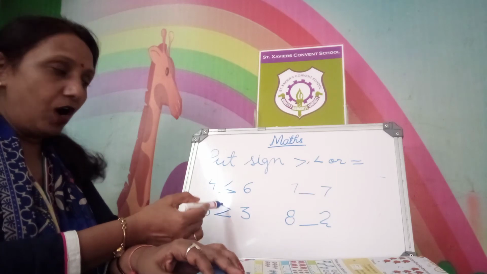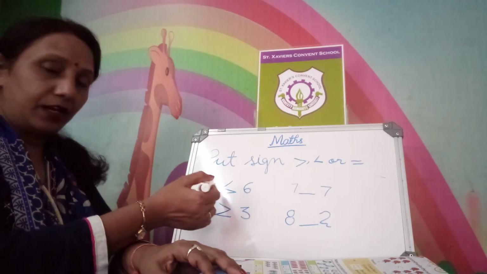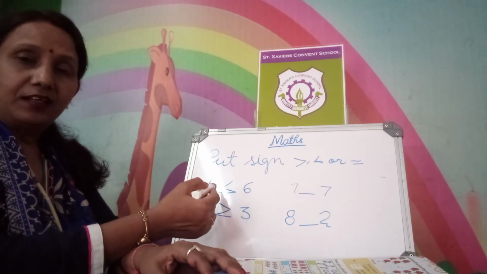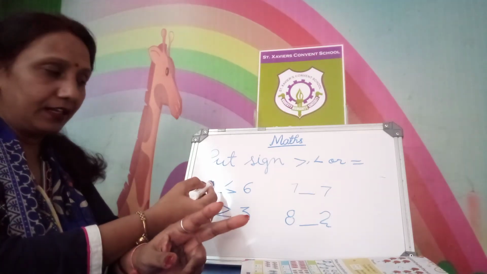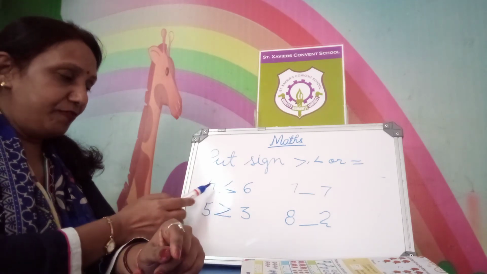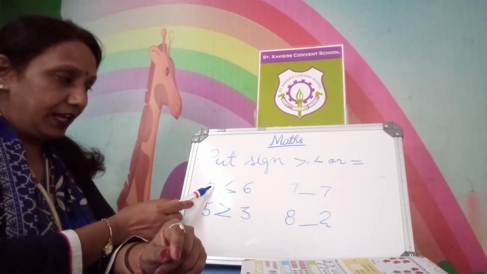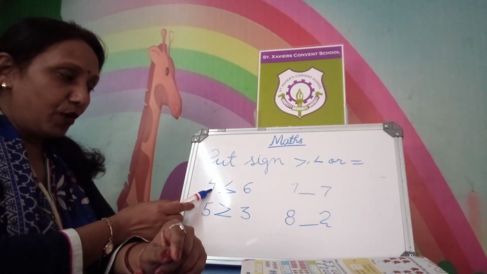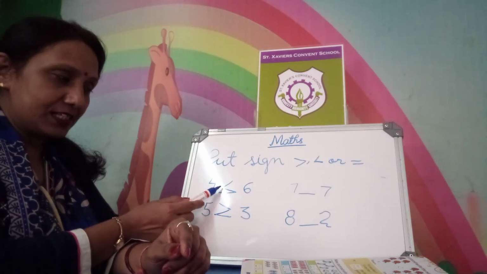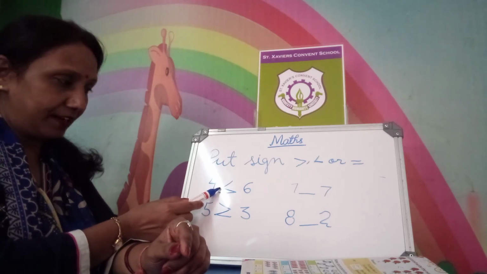On the same digits, if it is the same question, we can see both the signs together, like greater than or less than. If you see this way, here you see 4 is less than 6. So this one is the sign of less than.